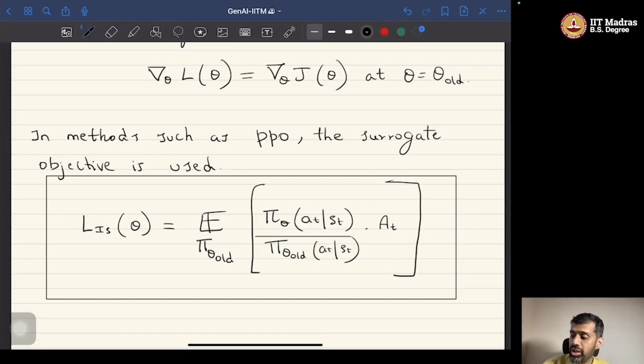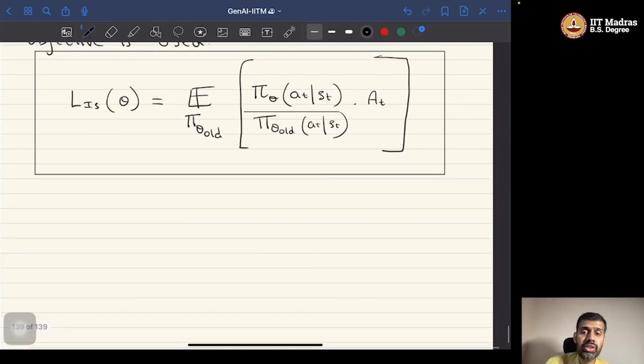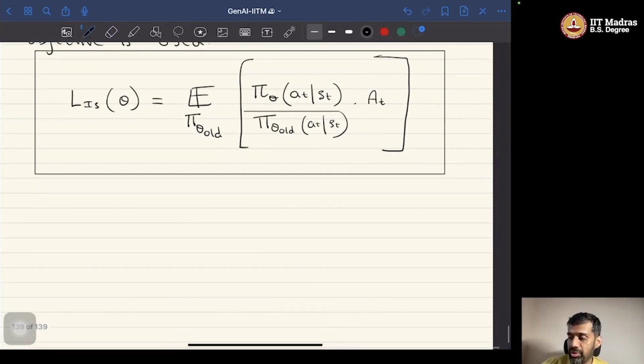Okay. This expression forms the basis for a lot of RLHF algorithms, including PPO. Now, let's start from here and slowly derive or improvise and go towards the PPO algorithm.